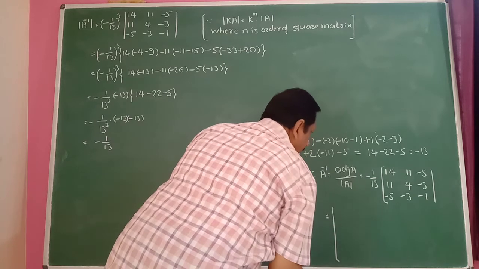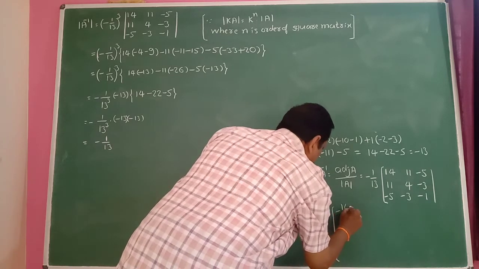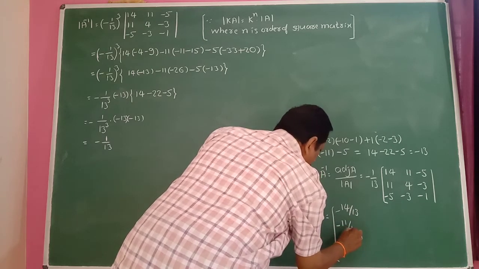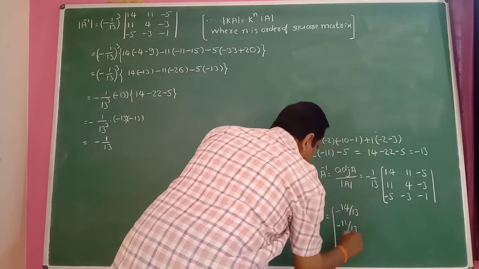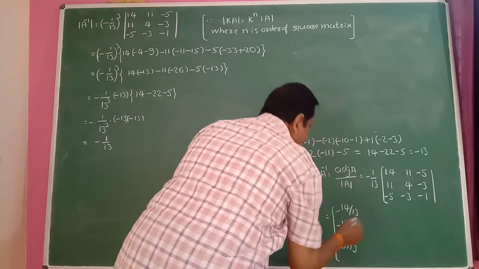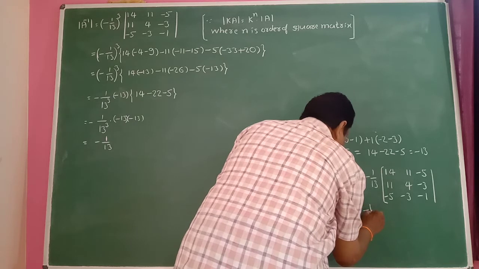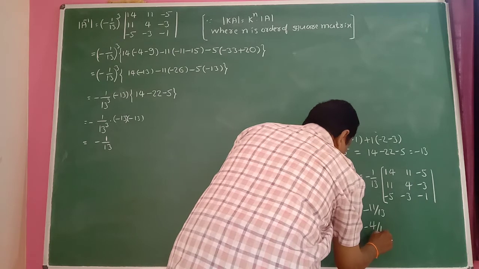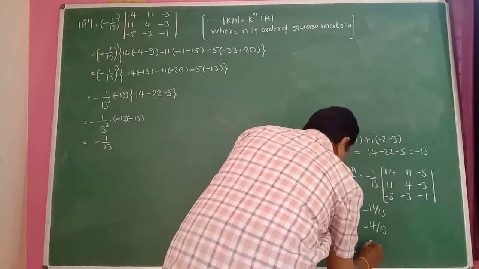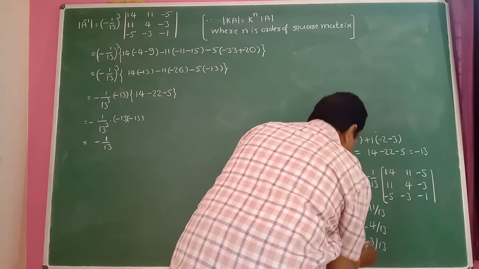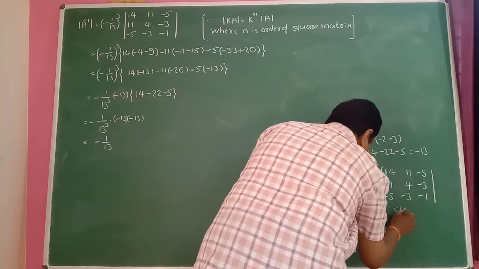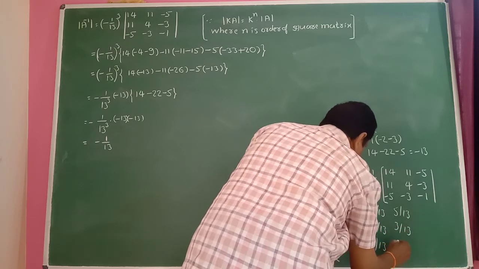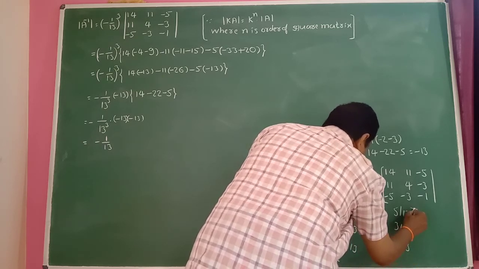It can be written as minus 14 divided by 13, minus 11 upon 13, minus into minus plus 5 by 13, minus 11 divided by 13, minus 4 divided by 13, then plus 3 divided by 13, then 5 divided by 13, then 3 divided by 13, and 1 divided by 13.